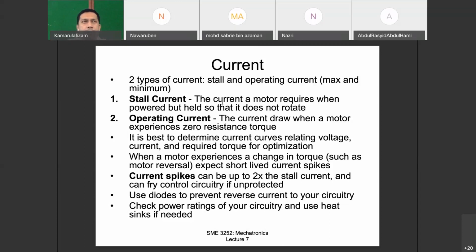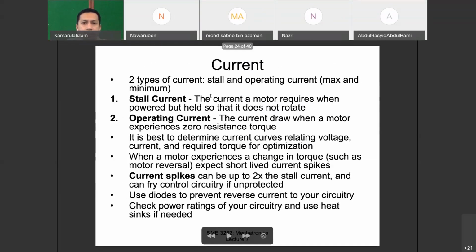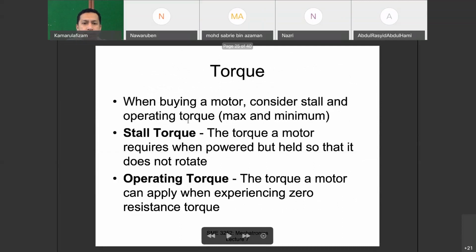Operating current, of course, bila current tu start pusing, dia akan start draw current and sampai dia pusing at various RPM and torque, you will have this current running lah. Okay, then torque, stall torque, operating torque, sama juga stall current, operating current is the same thing. Stall torque, the torque of a motor requires when powered, but you tahan dia, maknanya kalau motor tu produce 500 Newton, stall torque ni something, a torque yang you kena resist, the torque you kena bagi more than 500 lah to stop the rotation.